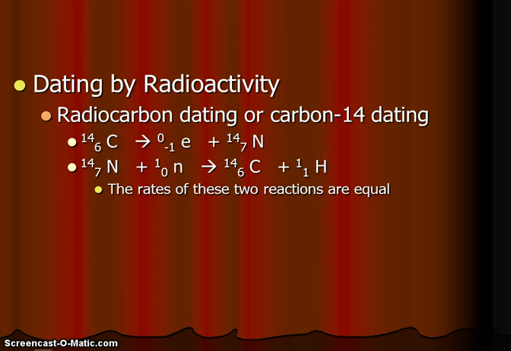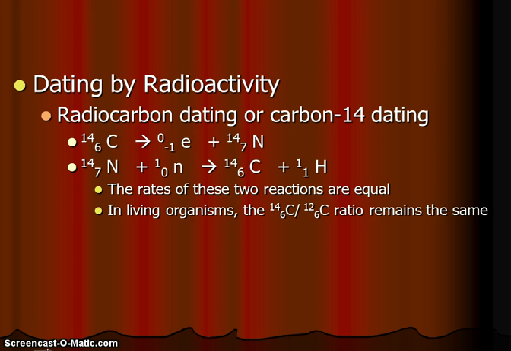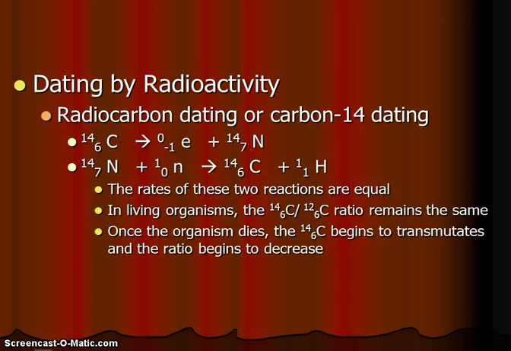What that means is the amount of carbon-14 in nature is a constant. So if we look at living organisms that are constantly taking in carbon-containing compounds, their ratio of carbon-14 to carbon-12 will always be a constant. But when an organism dies, it no longer takes in carbon-14 atoms.